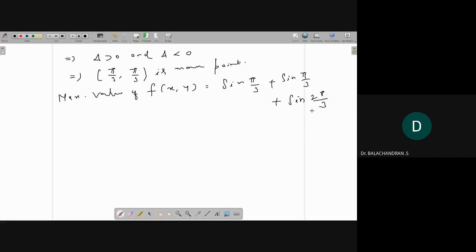But sine 2 pi by 3 is also the same as sine pi by 3. So root 3 by 2 plus root 3 by 2 plus root 3 by 2. So the final answer is 3 root 3 by 2.